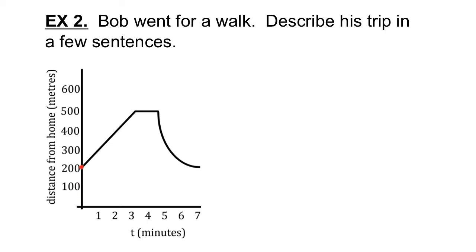Where is he starting? He's starting 200 meters from home. Okay, so Bob started 200 meters from home. Okay, now what happened? Well, let's look at this section of the graph. Is he walking away from home or towards home? Well, his distance is increasing. He's getting farther from home.